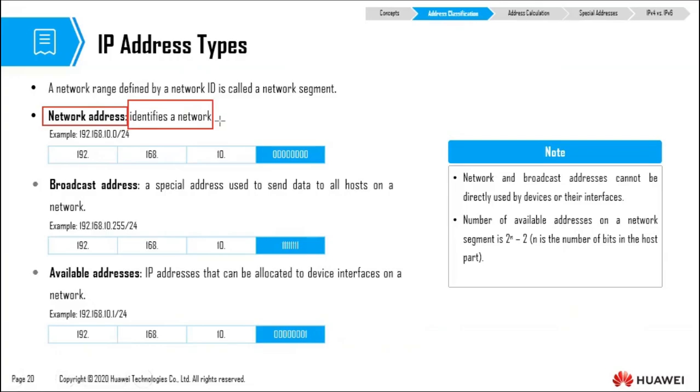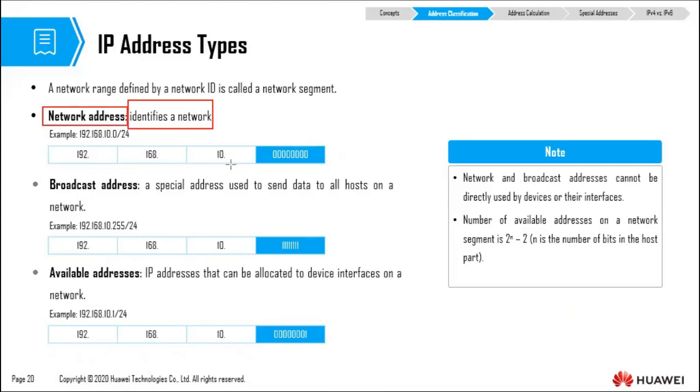Let me repeat that again. The network address is used to identify the network and cannot be assigned to any host. So that is what we call a network address.